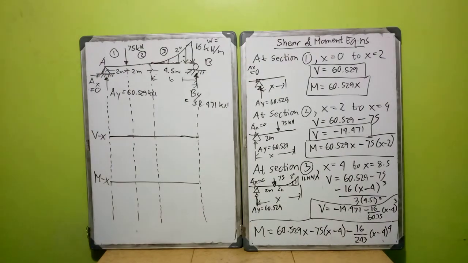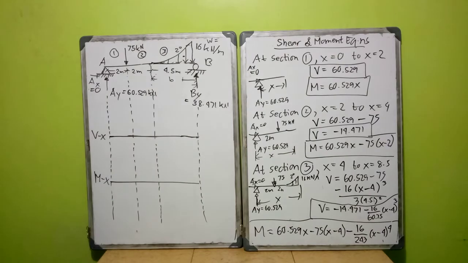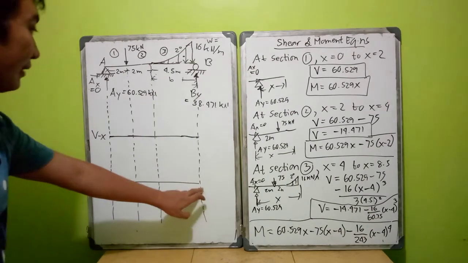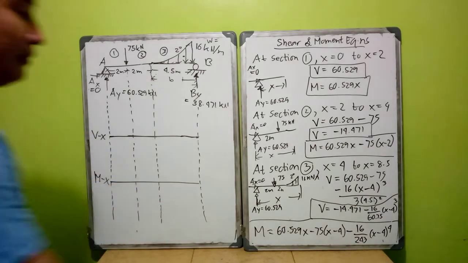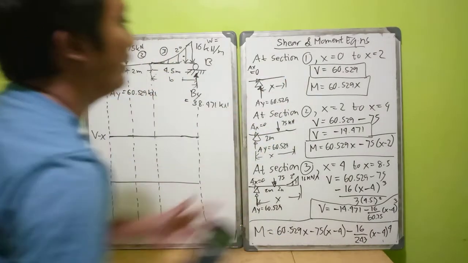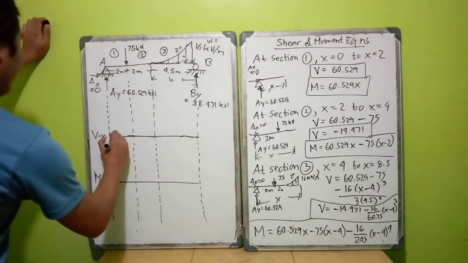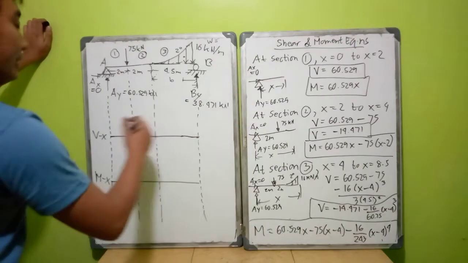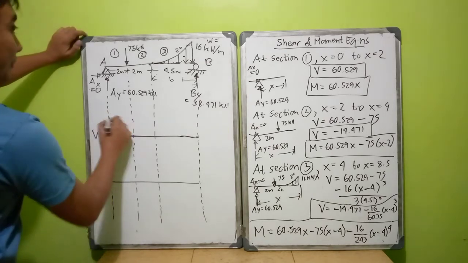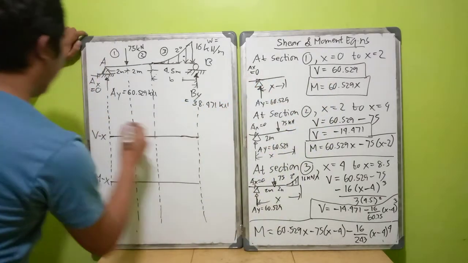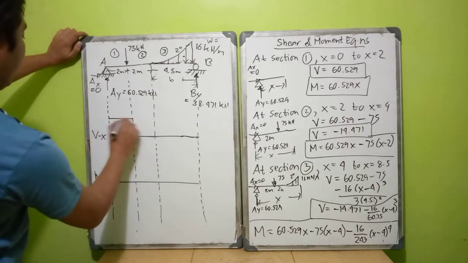Okay, so we will check if these formulas are correct. If it is not correct, you will not get 0 in both ends of your shear and moment diagram. Okay, so from here, our initial value 60.529 will increase at the support from 0 to 60.529. Okay, this is 60.529 from x equals 0 to 2. Okay, so this is consistent, 60.529.